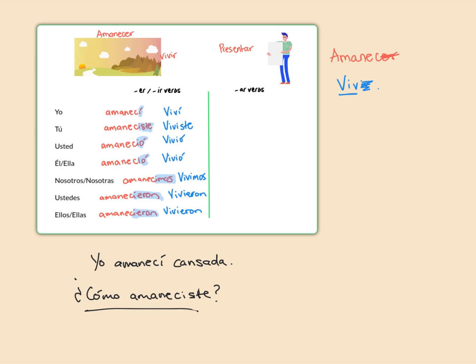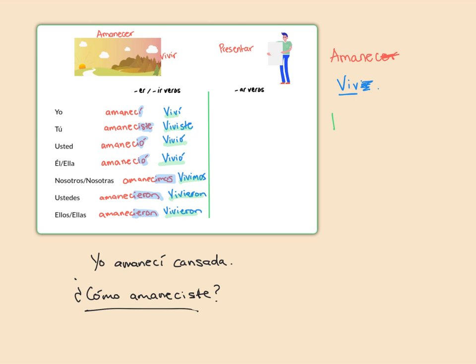And that's how you would have the past tense. So I lived, you formal lived, él o ella, he or she lived, vivió, nosotros, we lived, y'all lived, and ellos o ellas, they lived, vivieron.